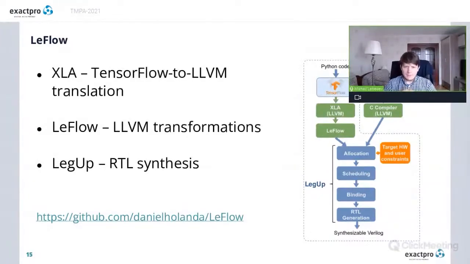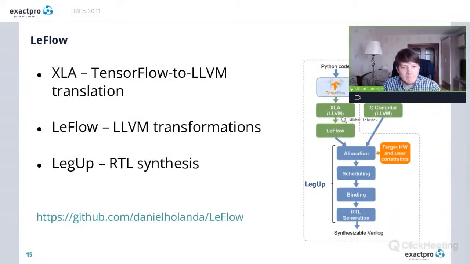So here you can see the input TensorFlow model is compiled by the XLA compiler, which is a part of the TensorFlow framework.